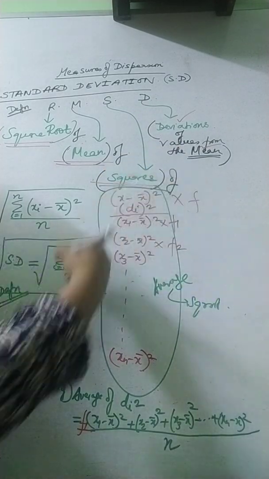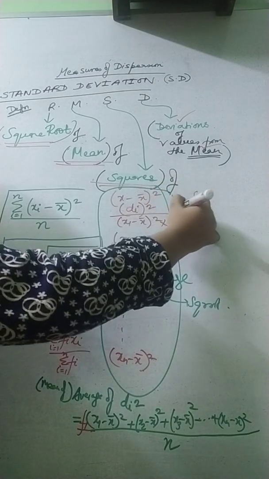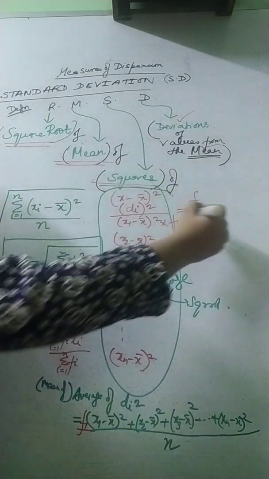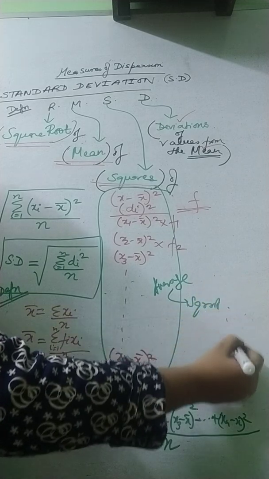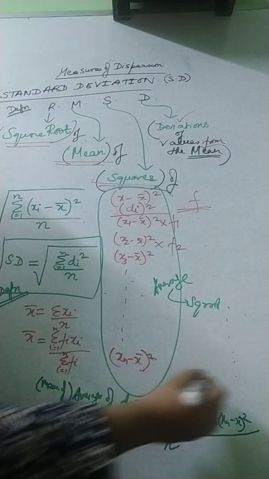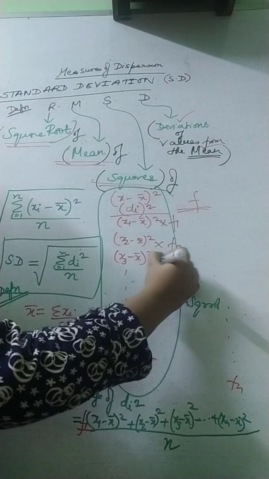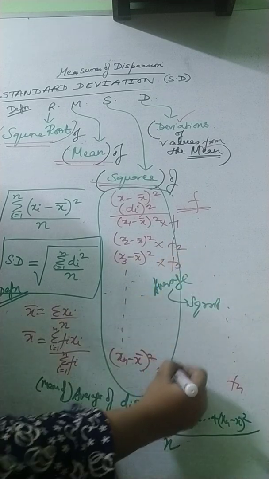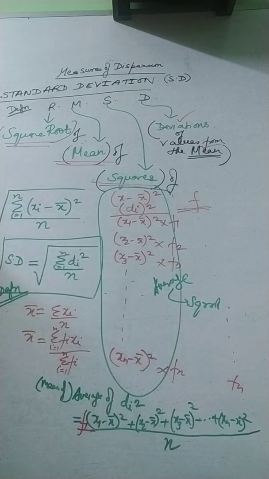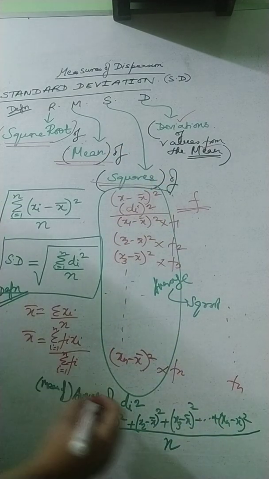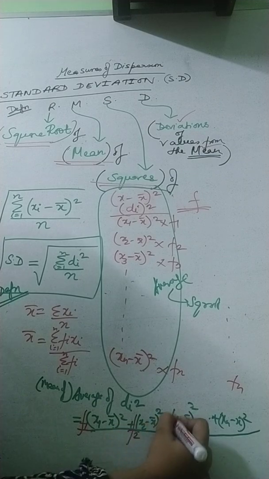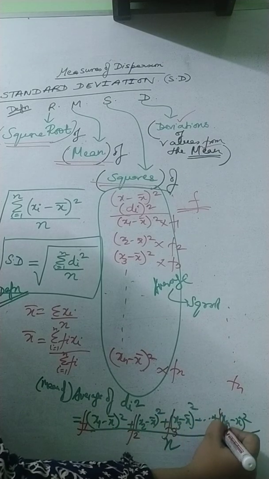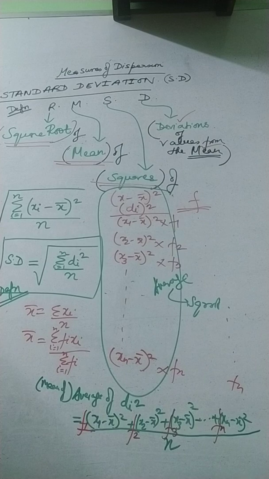Besides the value of x, you will have another frequency column over there, suppose f1, f2, f3, up to fn. So each of these will get multiplied with the corresponding frequencies, so that the average will be summation fi di square. So this is what we will have, f2, f3, finally fn into xn minus x bar whole square.